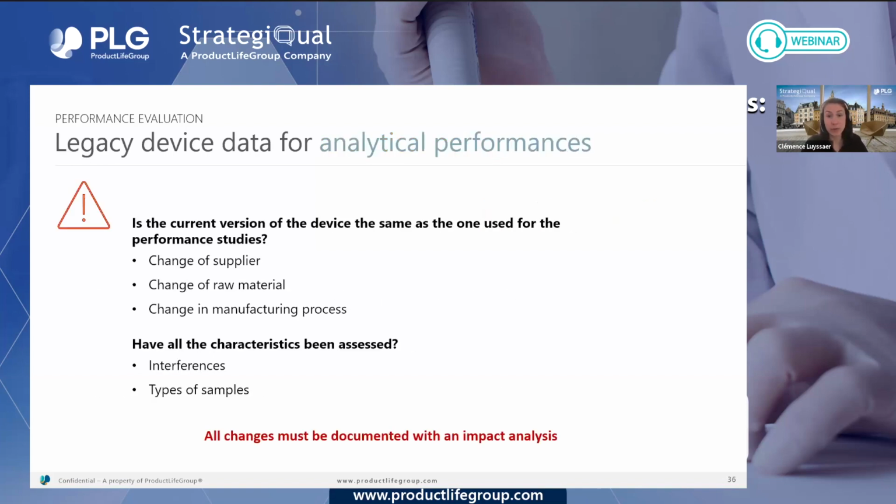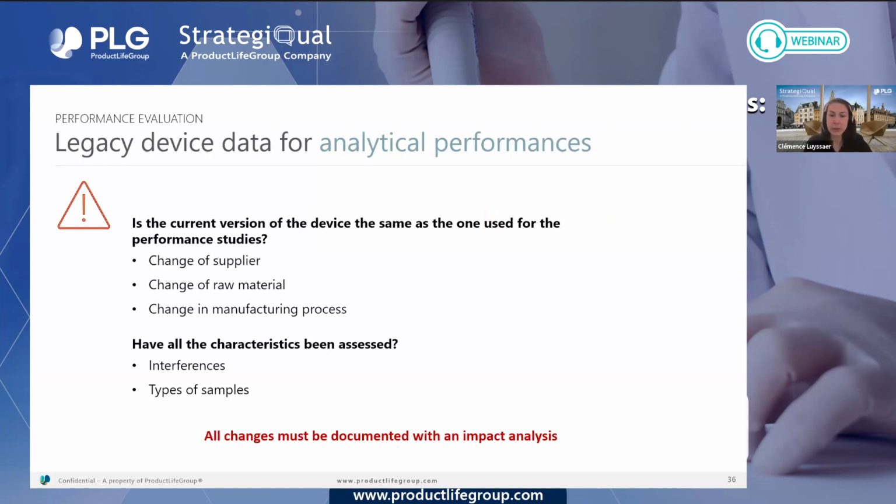Concerning analytical performance, the first question to ask is whether the current version of the device is the same as the one used in the performance studies. In other words, has the device undergone any change that might call into question the analytical performance data obtained previously? A change of supplier, a change of raw material, a change in the manufacturing process.